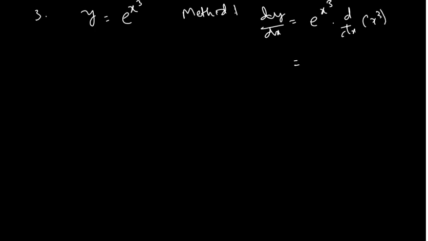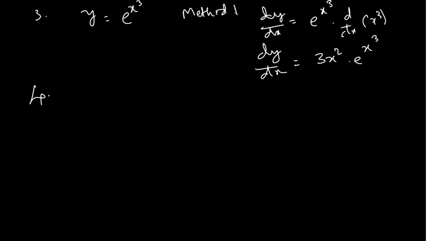I am doing method 1. dy by dx equals e to the power of x cube into differentiation of x cube. Differentiation of x cube is 3x square, so 3x square into e power x cube. So that's it, one step. Since it is just one step, you may get this in a 1 mark question also.